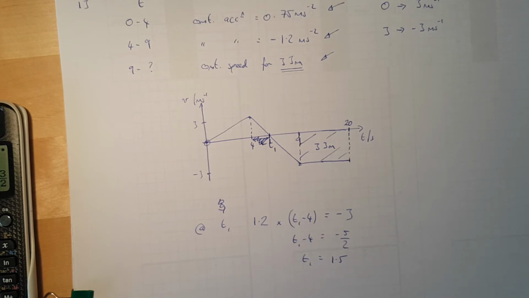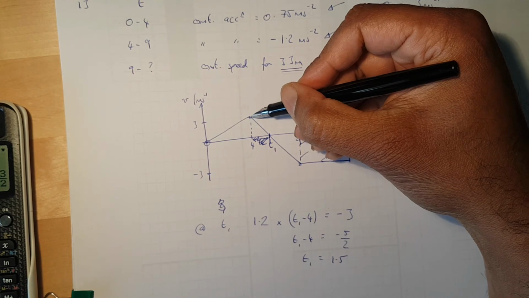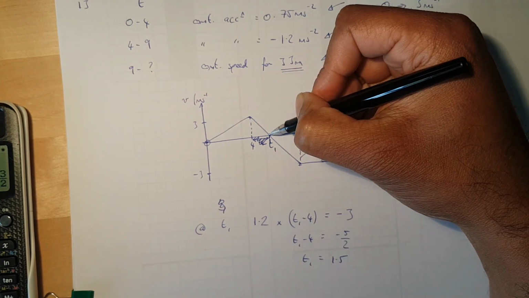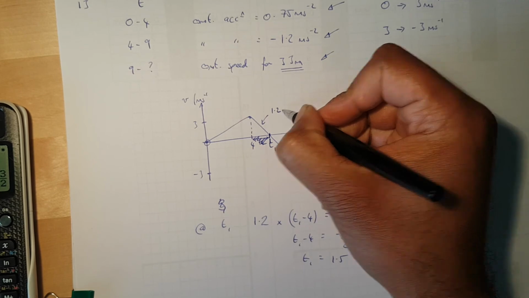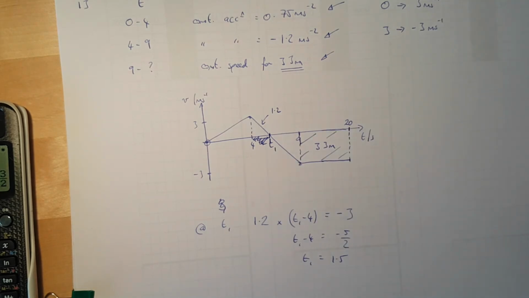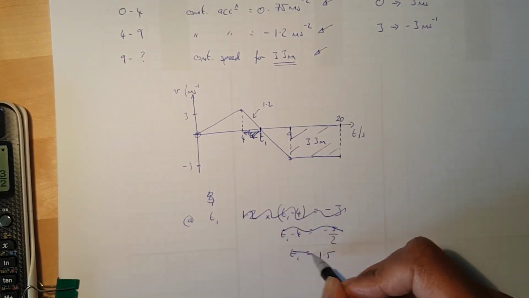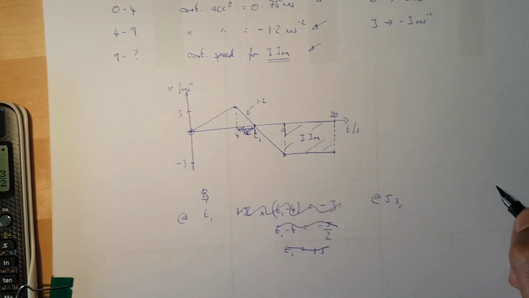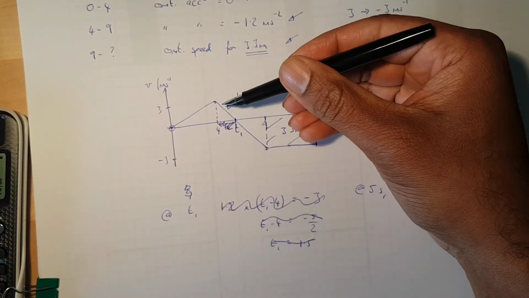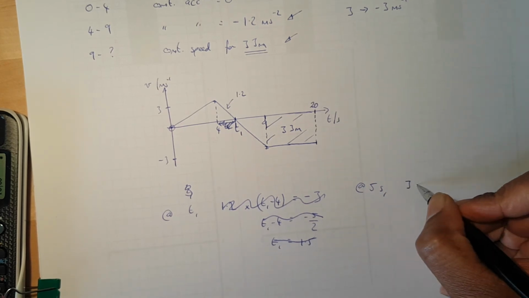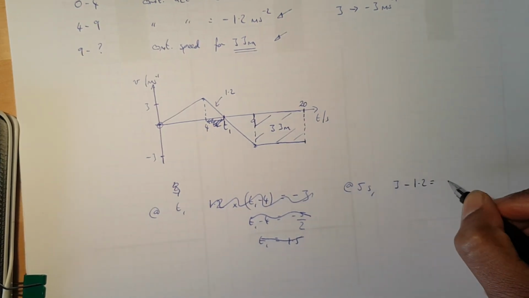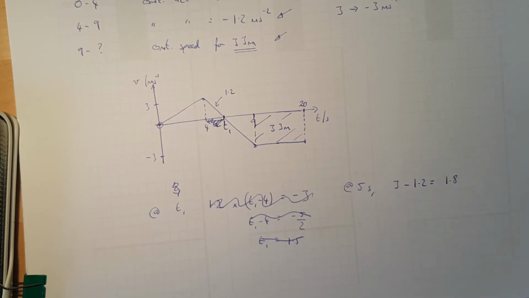So I've done something very silly here. Let's work out what's gone wrong. I've got a velocity of 3, it drops to 0 here, and the gradient is 1.2. How long is that going to take? Another way I could do it is, at 5 seconds, my velocity must be 3 minus 1.2, which gives me 1.8 meters per second.